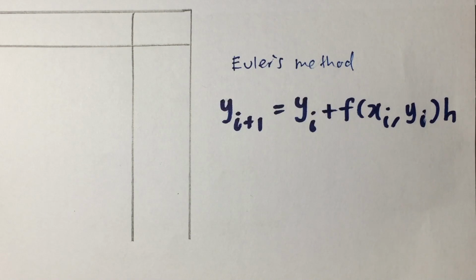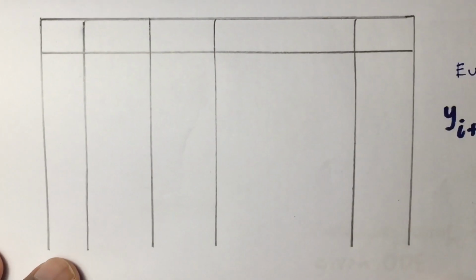With simple algebra, dy/dx is equal to (100 plus y) over 5x. Recalling that this is the Euler's method formula, let's put all the variables into a table so that they can be easily calculated and iterated. So we have y_(i+1), y_i, f(x_i, y_i), and also x_i.